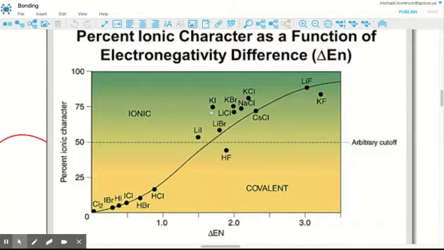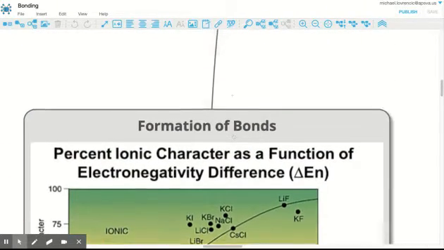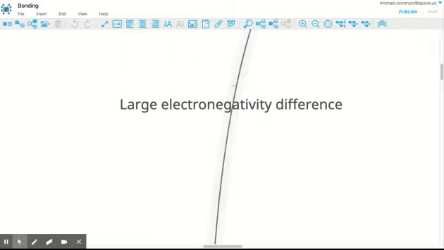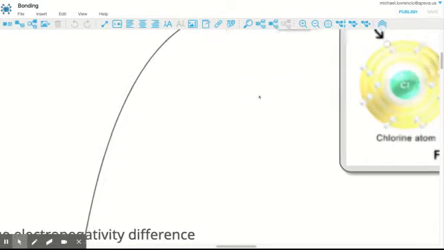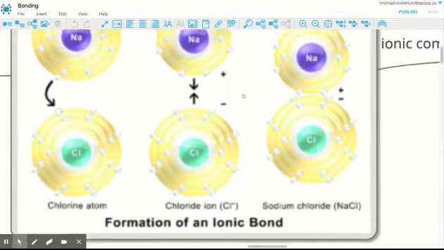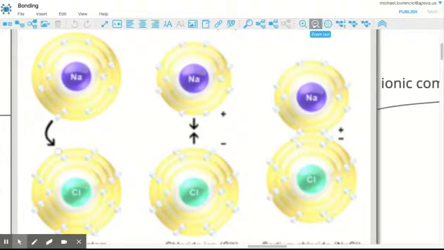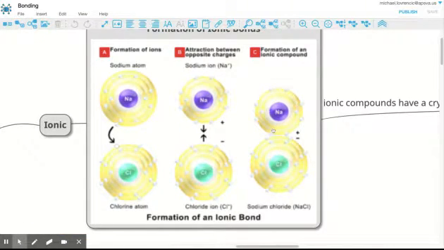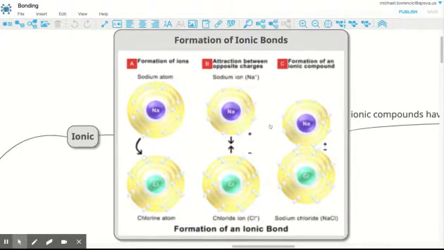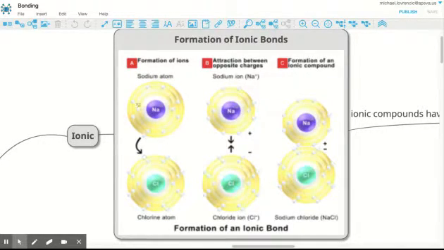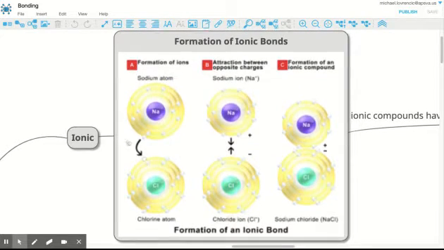And so we're going to do ionic bonding first, and then we'll look at covalent bonding and some of the properties. As we talk about ionic bonding, where we have that large difference in electronegativity, or high percent ionic character, we see that in the formation of ionic bonds, if we look at sodium and chlorine, metals will lose their valence electrons, and non-metals want to pick them up.